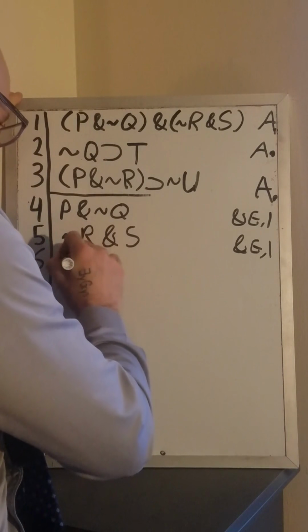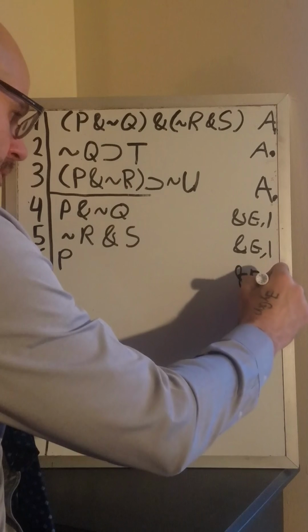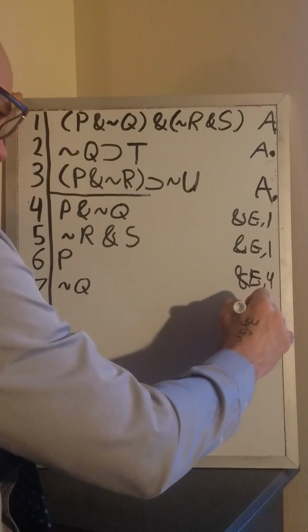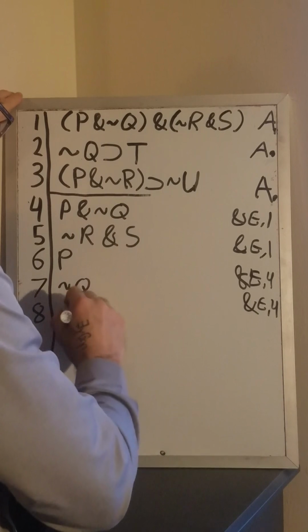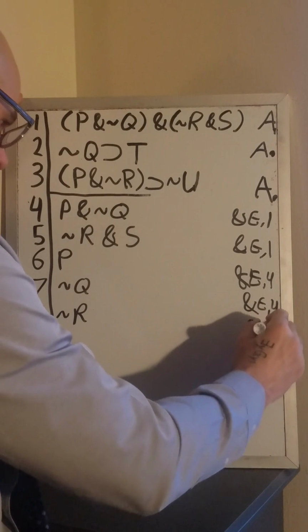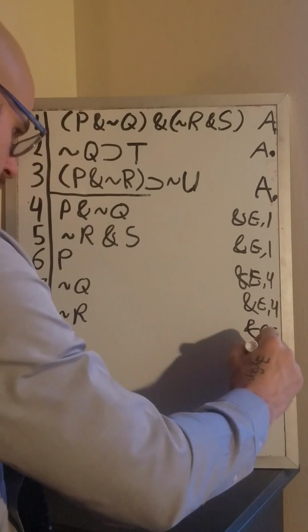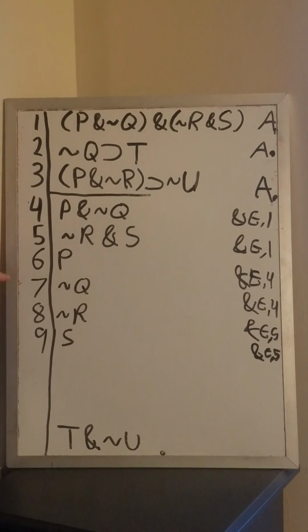Now, once we have those, hopefully it'll be apparent what we should do. Okay, well, we're trying to get T and not U, and because we have not Q, we can get T right away now by conditional elimination on line 2.